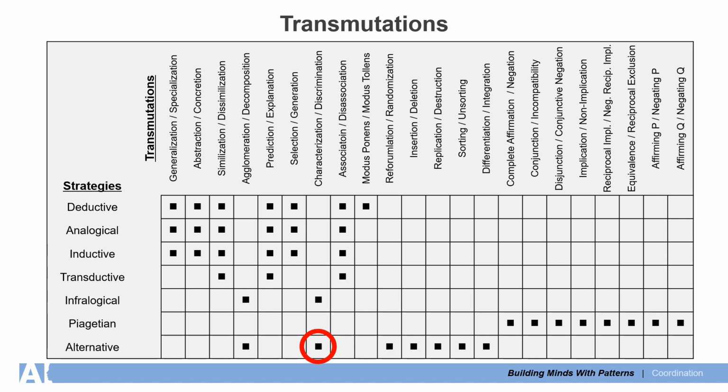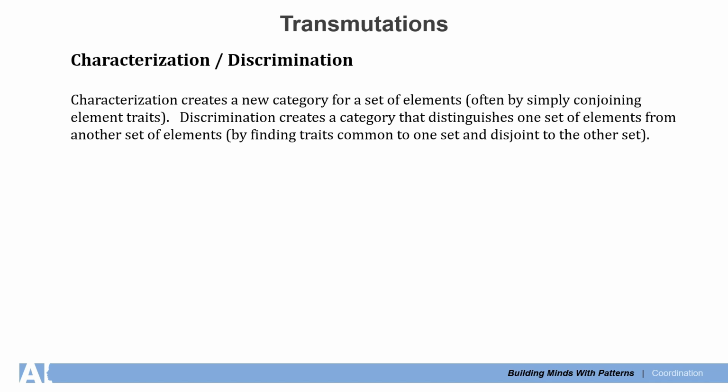Characterization and discrimination can be done in an infralogical or alternative manner. Characterization creates a new category for a set of elements, often by simply conjoining element traits. Discrimination creates a category that distinguishes one set of elements from another set of elements by finding traits common to one set and disjoint to the other set.